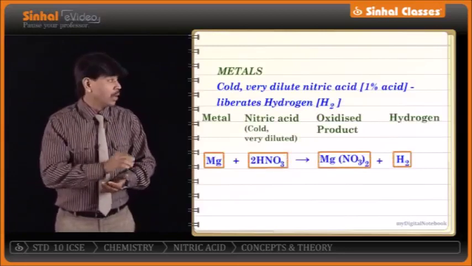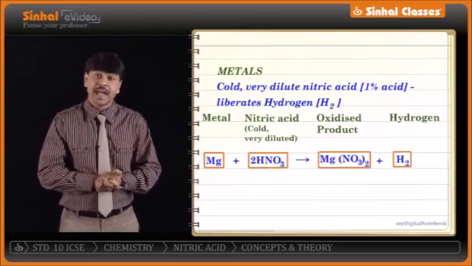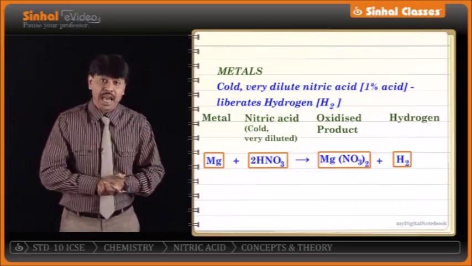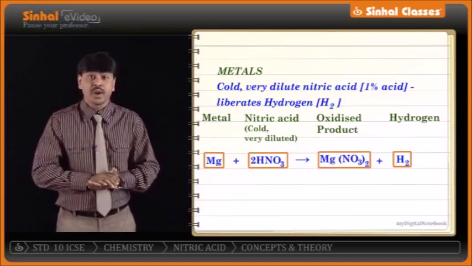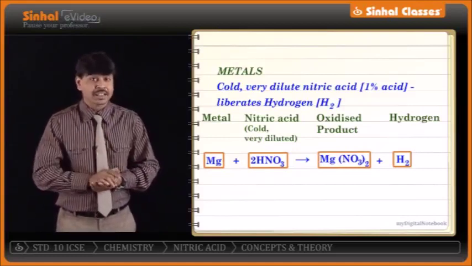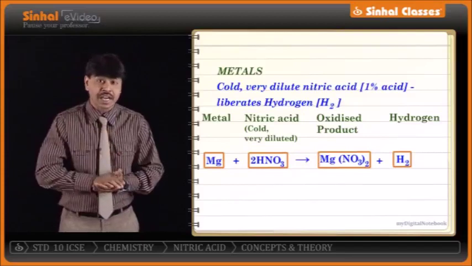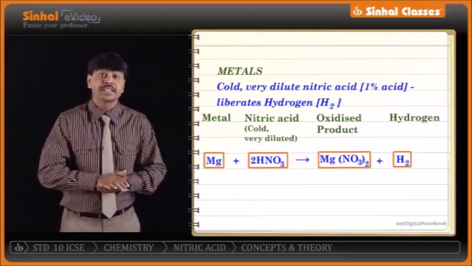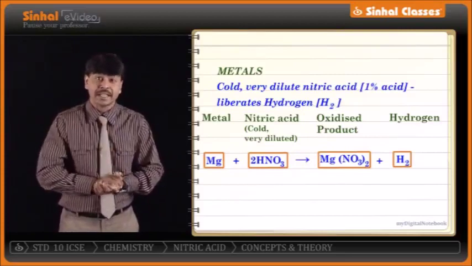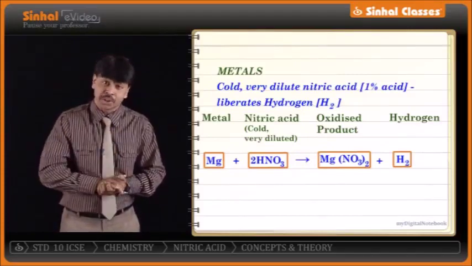It will give you magnesium nitrate, Mg(NO3)2, along with hydrogen gas. Now the question is, why is it not giving you water? The reason is that since you have taken very dilute nitric acid, it will not release nascent oxygen. So the hydrogen which is liberated is not oxidized to water.